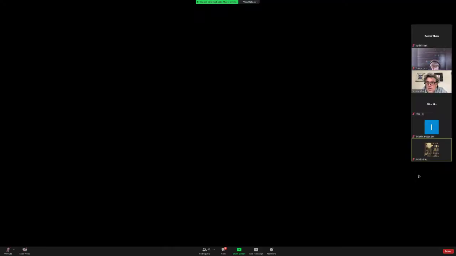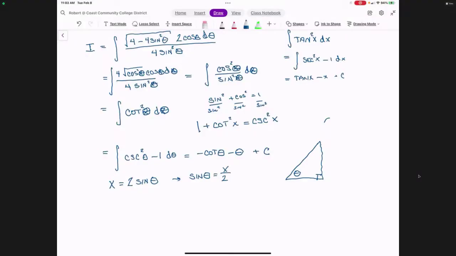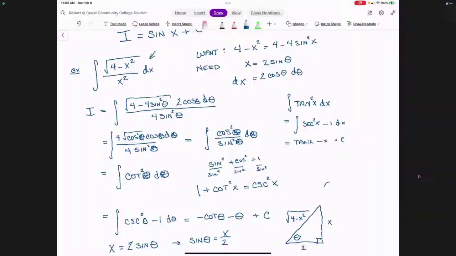So we draw a triangle that represents this substitution. So if this was the angle theta, the sine of this theta is x over 2. So this is going to be the square root of 4 minus x squared by the Pythagorean theorem. Now, notice that that's a part of the integrand. This is a clue that you're doing it right.